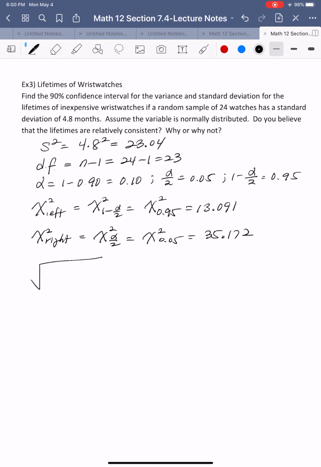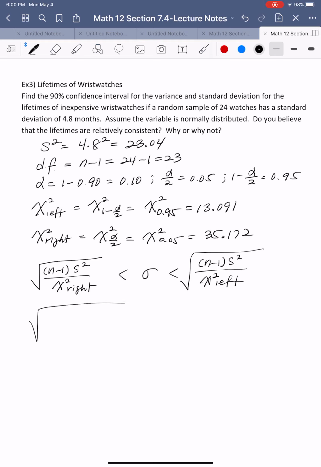To find the confidence interval, n minus 1 times s squared over chi square right, less than sigma squared, less than n minus 1 times s squared over chi square left.